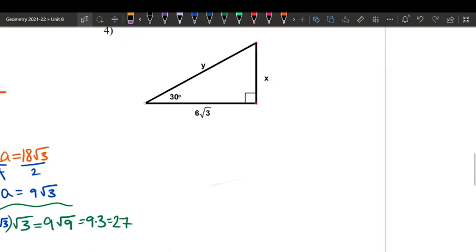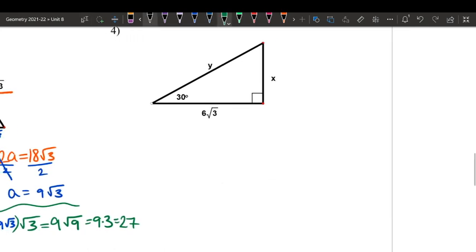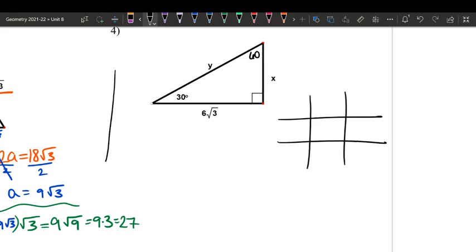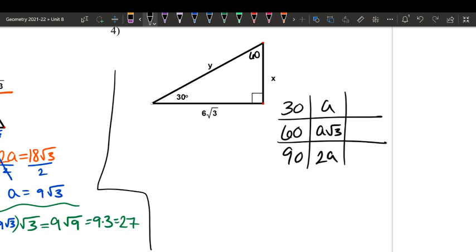Let's look at another one. 90, 30, so the other one is 60. Split this up too. So 30, 60, 90, a, a square root 3, 2a.